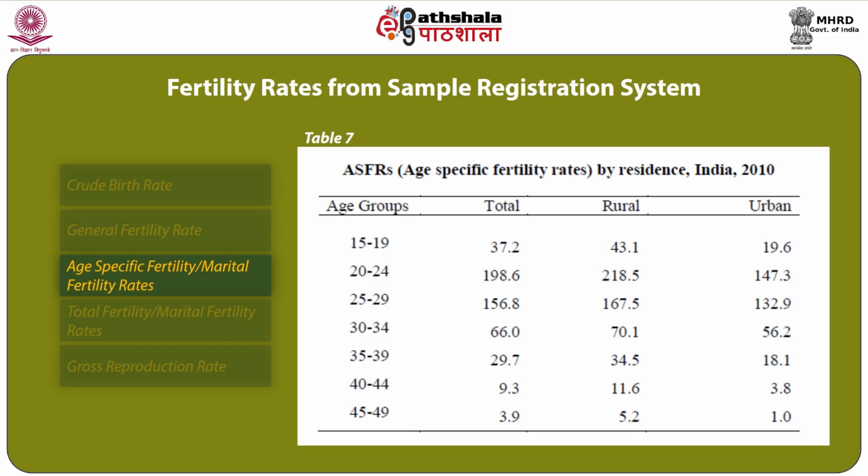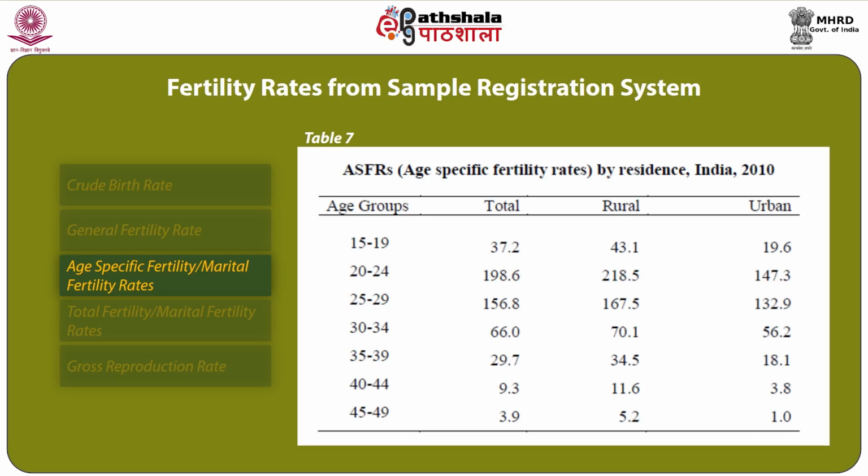For instance, in 15 to 19, the rate for rural areas is as high as 43.1, compared to the low level of 19.6 in urban areas.